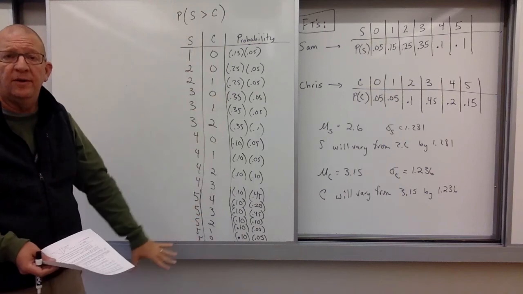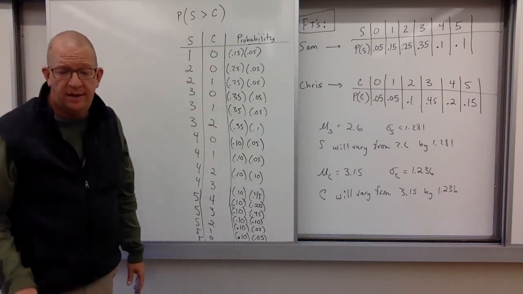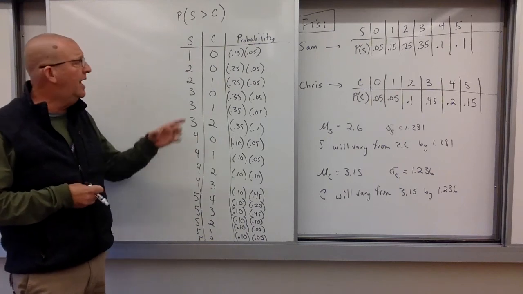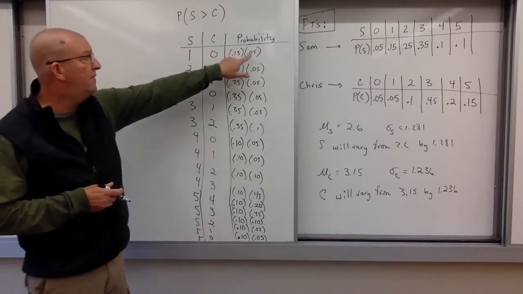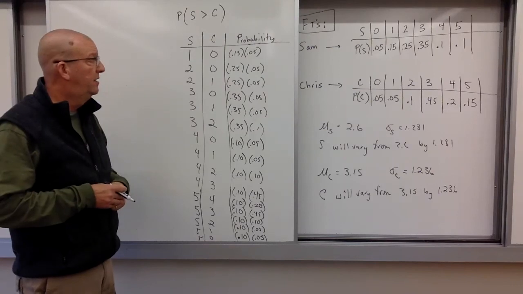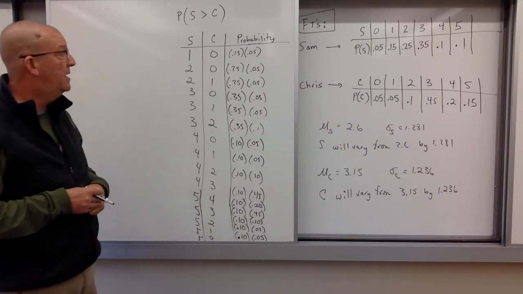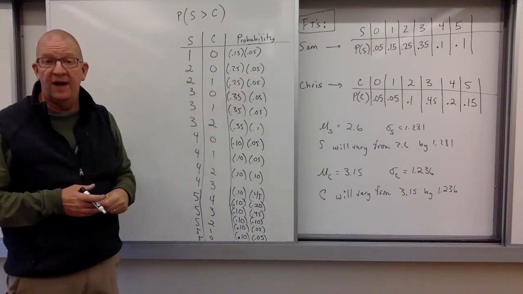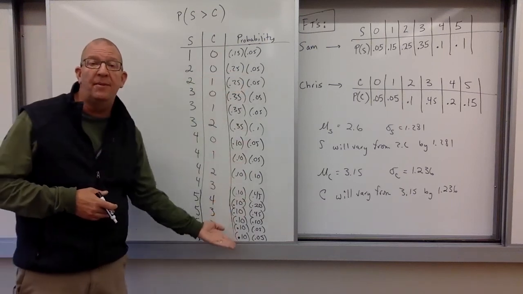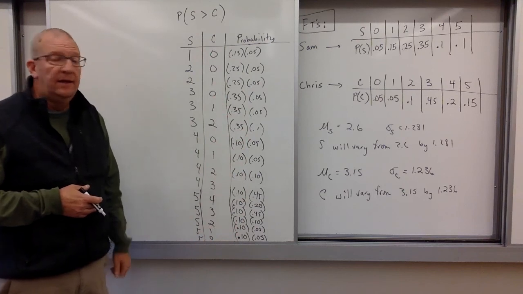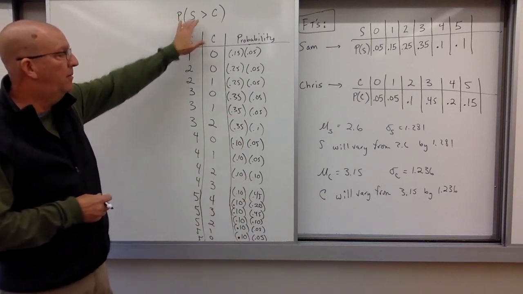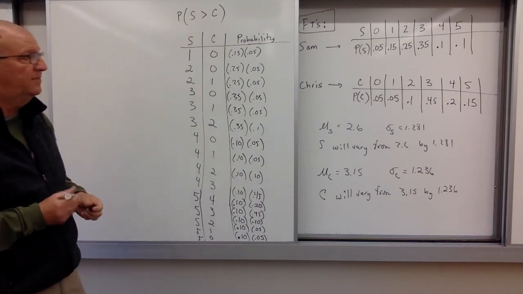I'll let you add this up and calculate it out, but basically you do 0.15 times 0.05, and then plus 0.25 times 0.05. You're adding up all of these probabilities, and that answer will be the probability that Sam makes more than Chris.